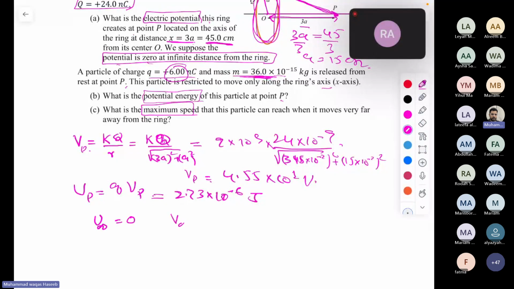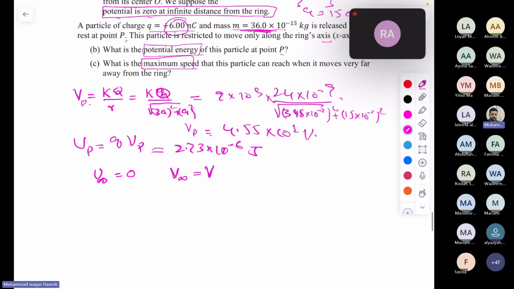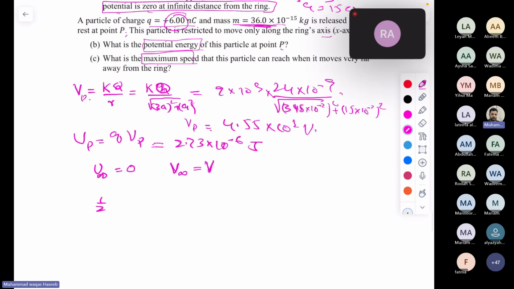So at this point, its kinetic energy is equal to the potential energy, and we have calculated this potential energy.